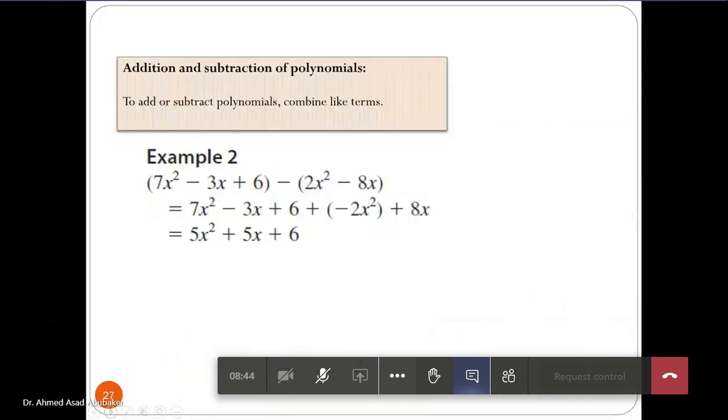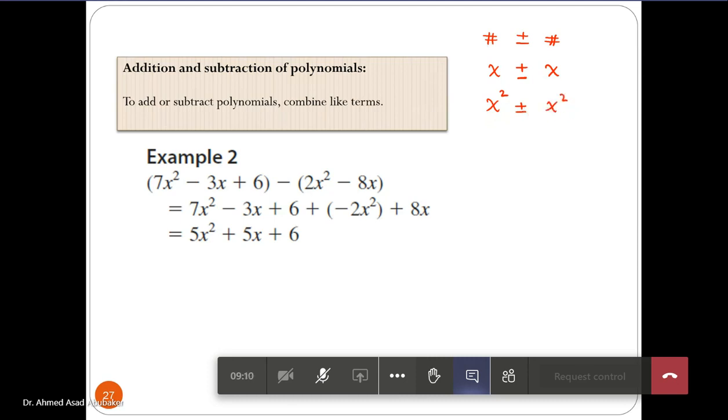now how can we add or subtract two polynomials or three or any polynomials? Look at this note. A number we can add or subtract with a number. Okay, x, add and subtract with x. x squared, add and subtract with x squared.